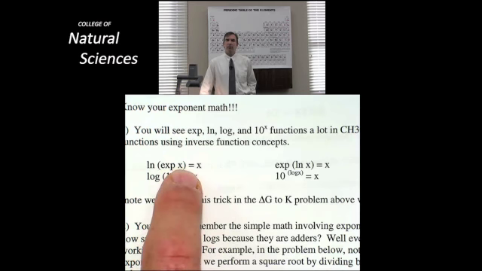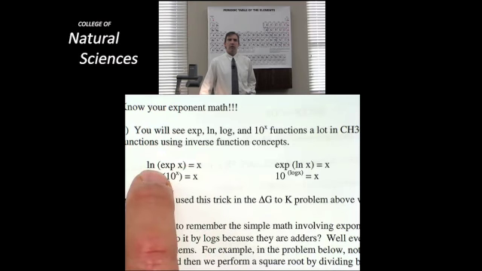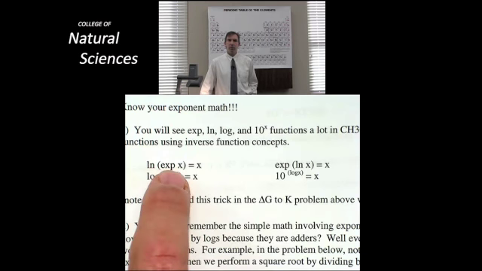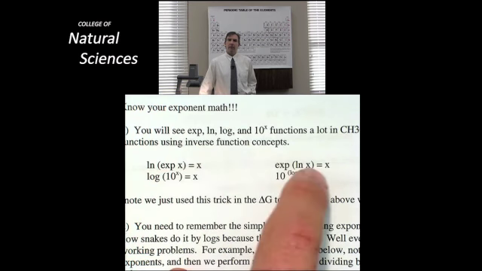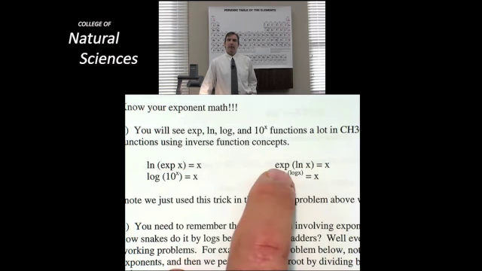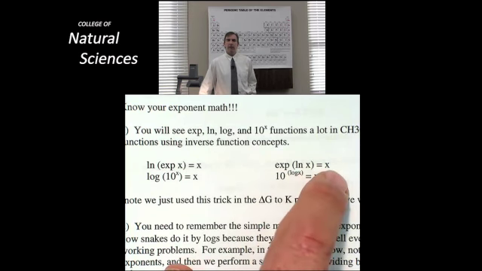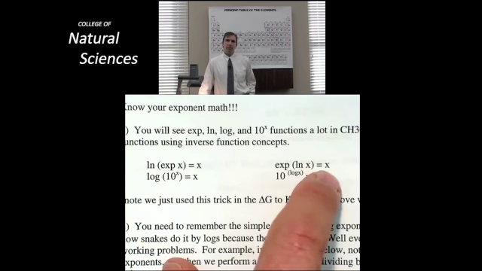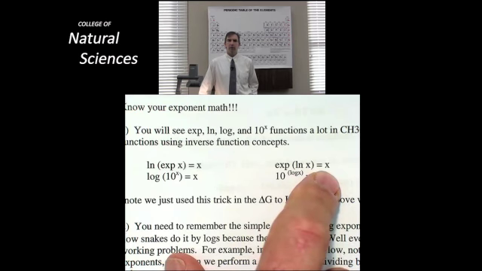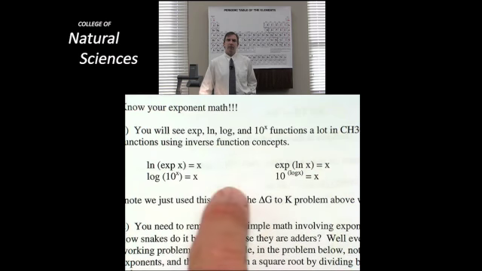So if I have a function that's e to the x, in this particular case, I multiply it times the natural log function. Natural log and e to the x are inverse functions, and as a result, x gets pulled out. Similarly, if I have a log function, then I take e to that, and I can pull x out as well. This is what I did. This particular expression right here is what I did to pull out my K a moment ago so I could find delta G. You're probably more comfortable seeing it in log base 10.